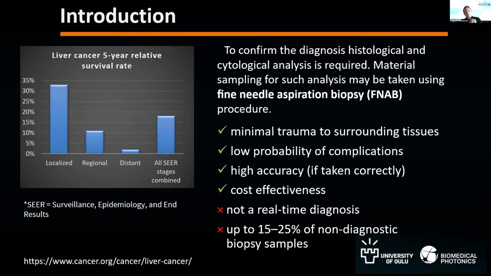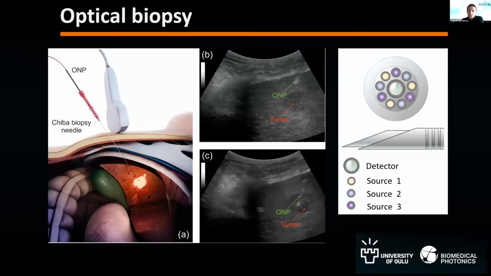And it would be wonderful if we could have some kind of express technology to evaluate whether we are actually in the tumor now, so we can get the tissue sample reliably. And of course, optical biopsy can be considered as an option for that.